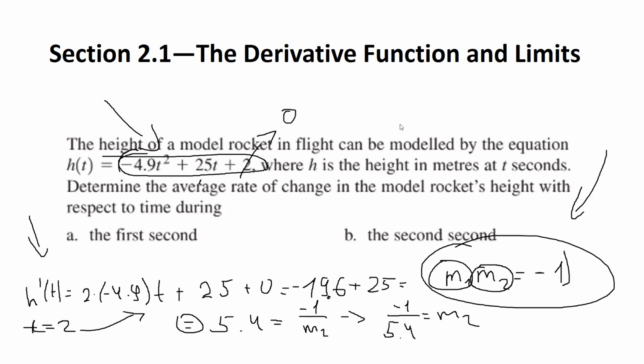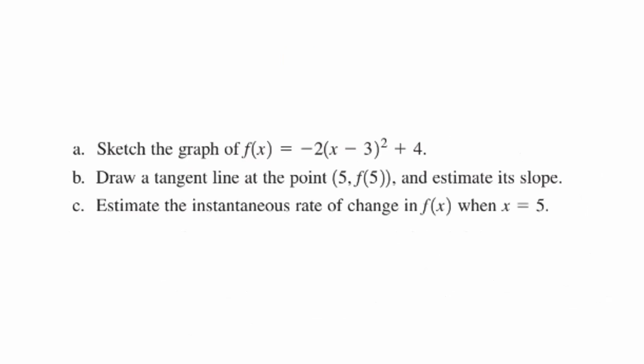We have so much to do. Sketch the graph. Are you familiar with how to sketch graphs? Okay, we won't waste time on it. Draw a tangent line at the point. How would you find this point?